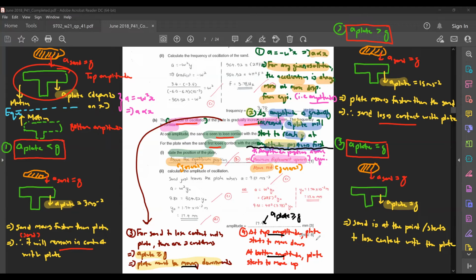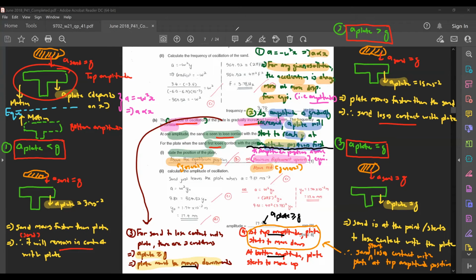It's actually supposed to be only this one, isn't it? So from here, I can say that, therefore, sand loses contact with plate at top amplitude position.